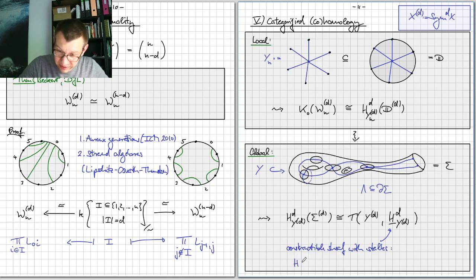So how will they look? At a divisor which has certain multiplicities, n1, and so on. I don't know, my time is getting less, so let me just sketch this here. It's going to be basically tensor products of these kinds of local cohomology groups.